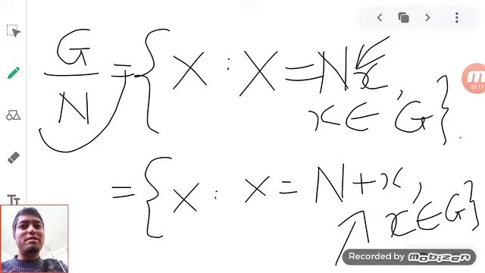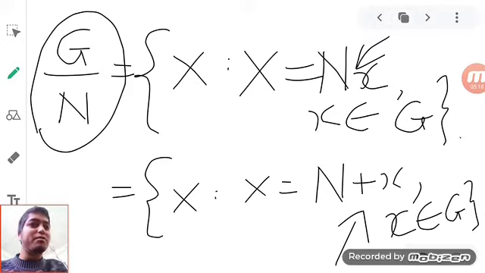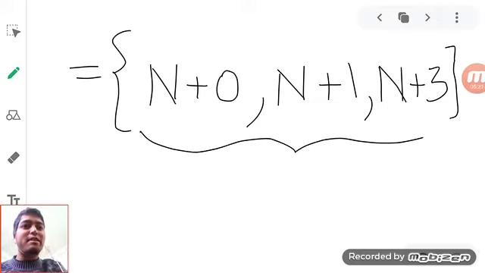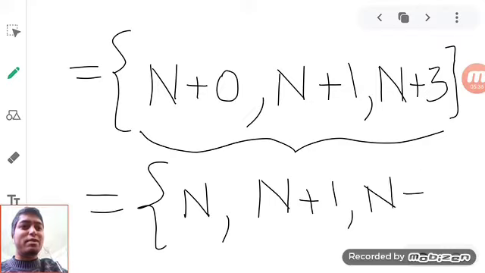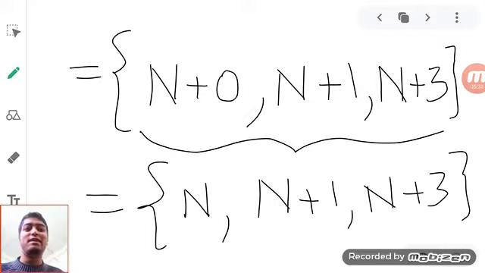We have constructed the quotient group G by N, and we have found that these are the elements of the group: N plus 0, N plus 1, and N plus 2. N plus 0, you can easily write as N. So these are the elements of the quotient group G by N.